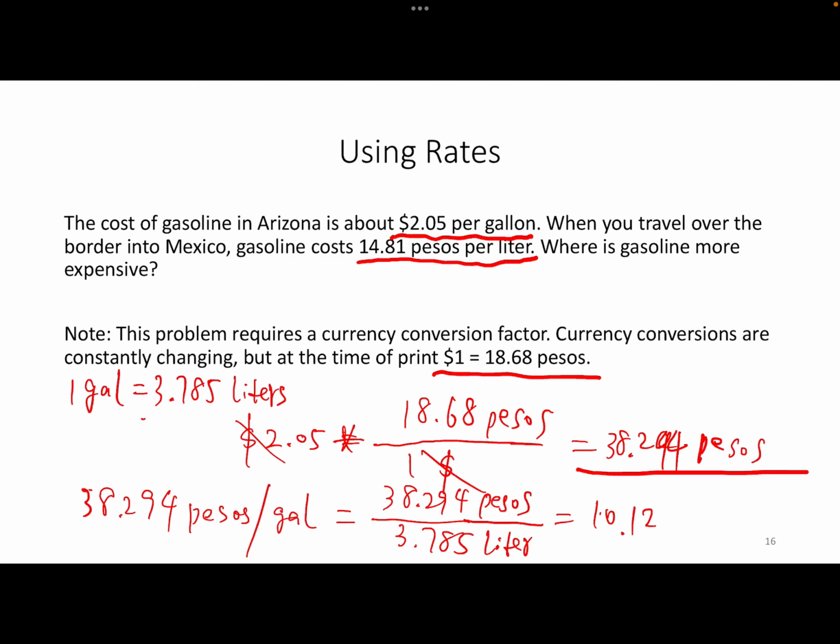That's 10.12 pesos per liter. That's the gasoline price in Arizona. And then this one is the Mexico gasoline price. Which one is more expensive? The Mexico gasoline is more expensive, right? Arizona is a lot cheaper.